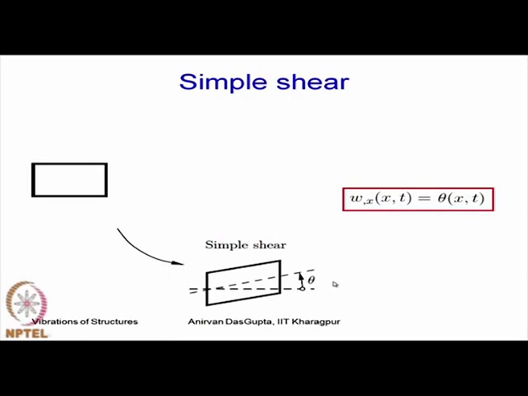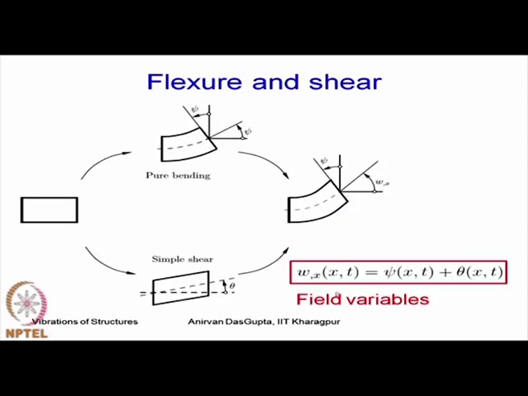Therefore, when we put these two things together, which means that a beam undergoes both flexure and shear, so it is under bending and shear, the total picture looks like this. This is the pure bending picture, this is the simple shear picture, and the net result is shown here.